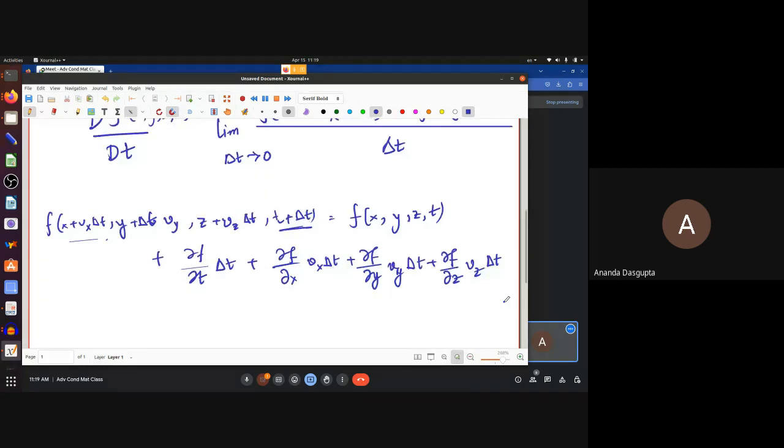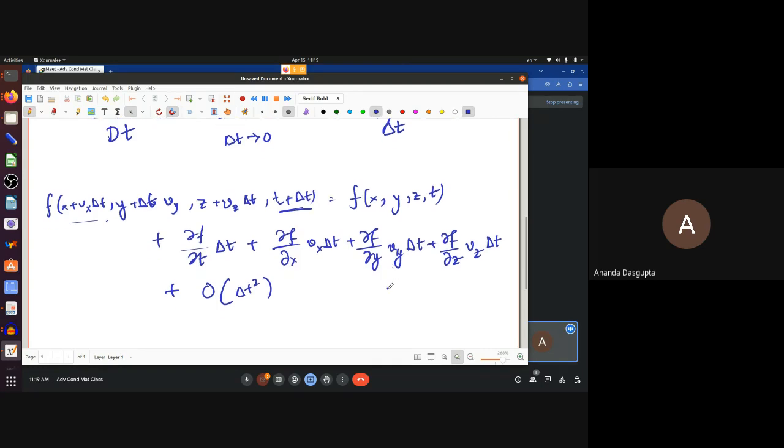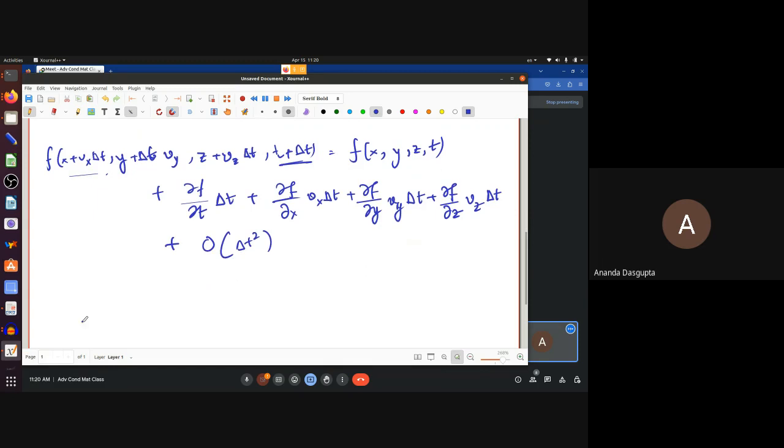Of course, there are delta t square order terms, higher order terms. But when you subtract f of x, y, z from this, you're left with this plus order delta t square terms. Divide that by delta t and then take the limit delta t goes to 0, all these order delta t square terms vanish. So what you are left with is the following.